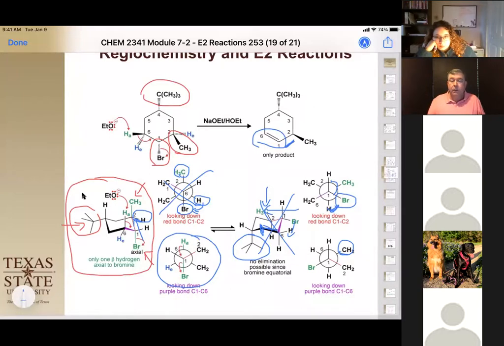So it's not following Zaitsev's rule because it's limited in its modes of freedom. And by drawing our Newman projection, we can figure out which of these configurations gives us which product. Questions on that?